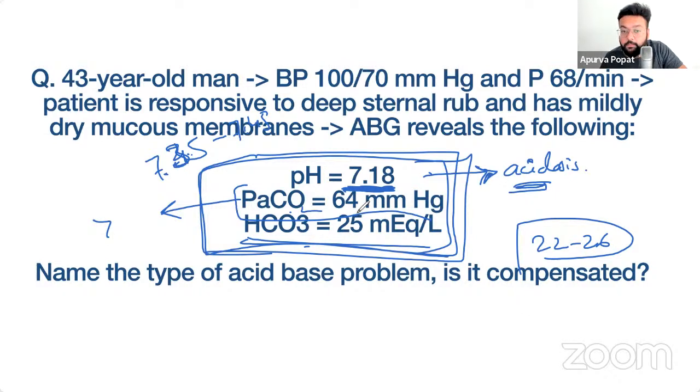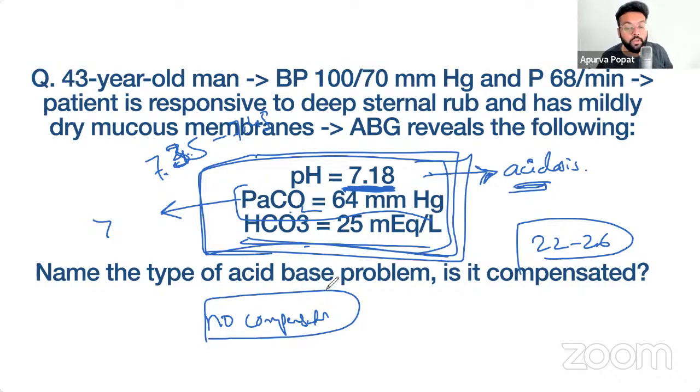PaCO2 is high, your pH is low, but your bicarb is normal. Did we do any compensation yet? No. There is no compensation because bicarb is still normal.